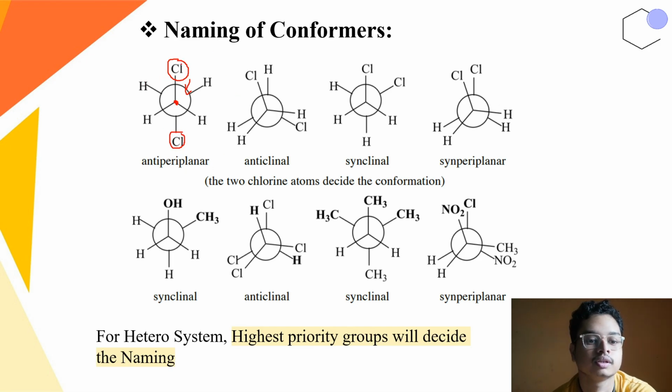So to name this particular conformer, we have to check the relative position between these two Cl groups. Here the two Cl groups are in anti-position, that means a 180 degree torsion angle is present between them, so this conformer is called anti-periplanar. Since it is completely 180 degrees, we can't use any positive or negative value here. Similarly, here this Cl and this Cl are 120 degrees apart.